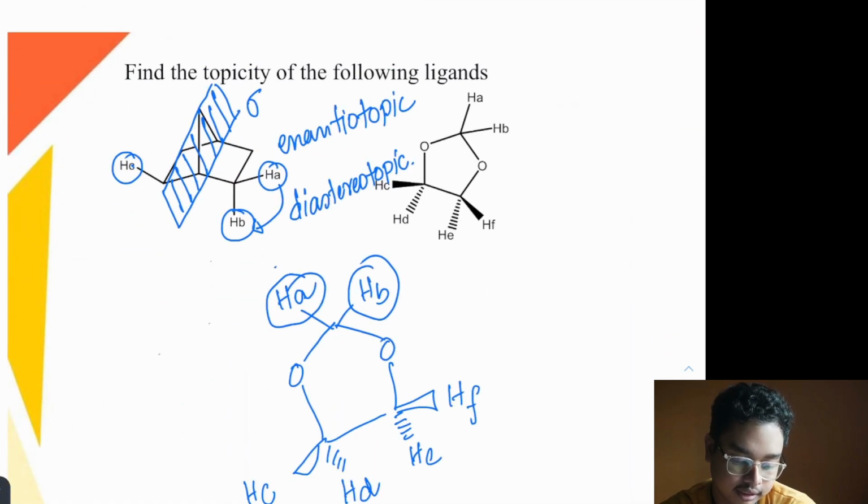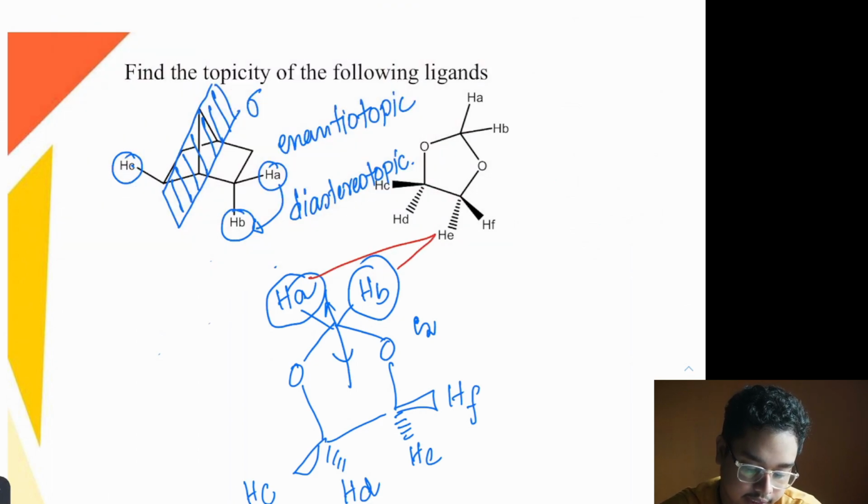That means this HA and HB are interchangeable by C2 symmetry. That means HA and HB are homotopic in nature.